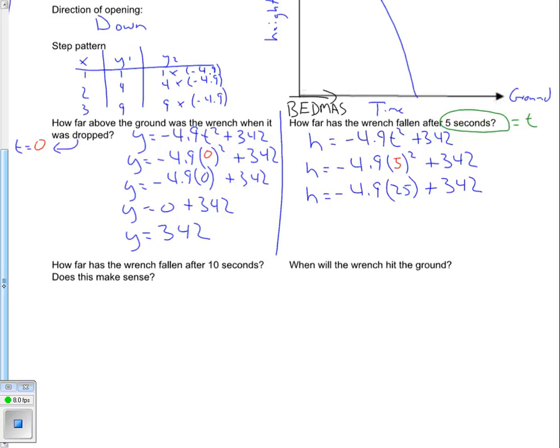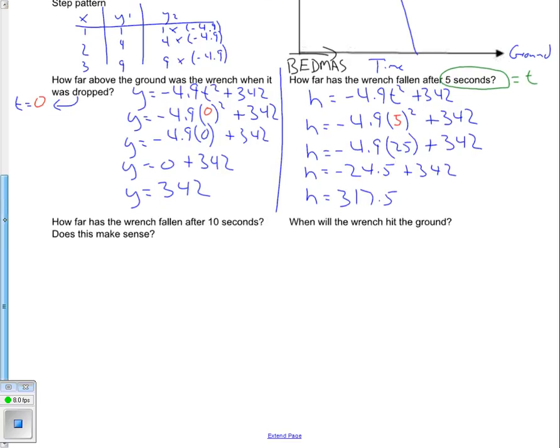Now we're going to do our multiplication. 5 times negative 4.9 is going to be equal to negative 24.5 plus 342. So h is going to be equal to 317.5. So the wrench has fallen 317.5 feet after 5 seconds.